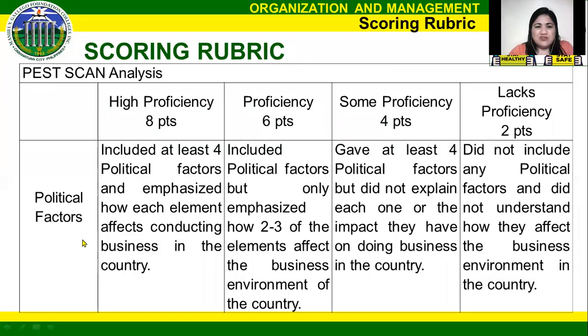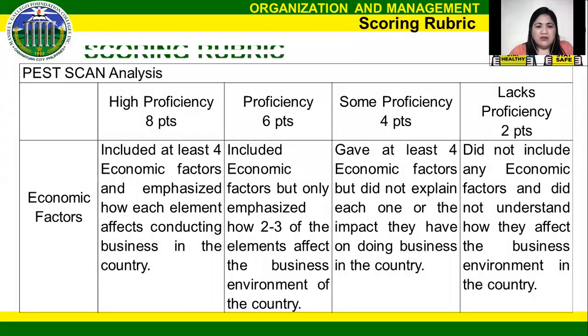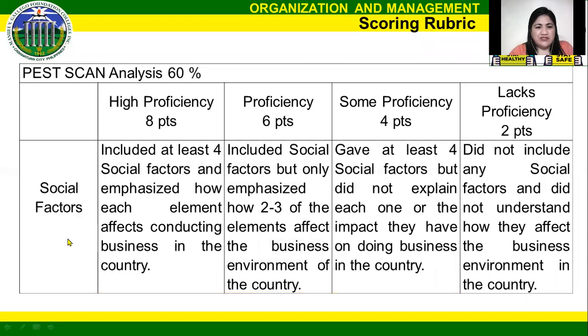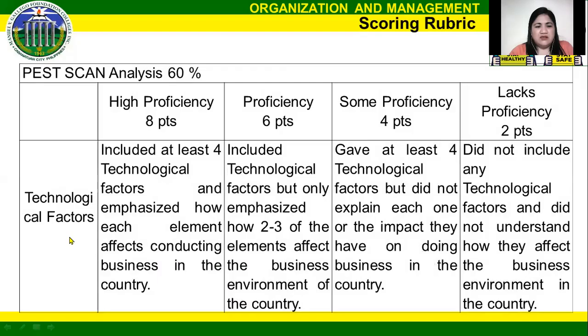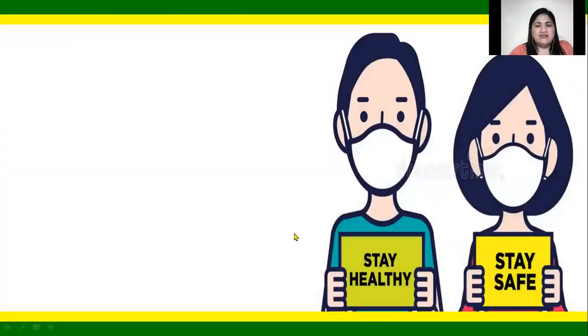Ang gagamitin niyo po sa PEST scan or sa PEST analysis ay yung current situation na meron tayo ngayon. Okay? Economic factors, social factors, and their technological factors. Kung gusto niyo pong idagdag as an add-on yung environmental at saka legal factors, you are very much welcome. Siyempre, the more effort you give, the better grades that you will receive.